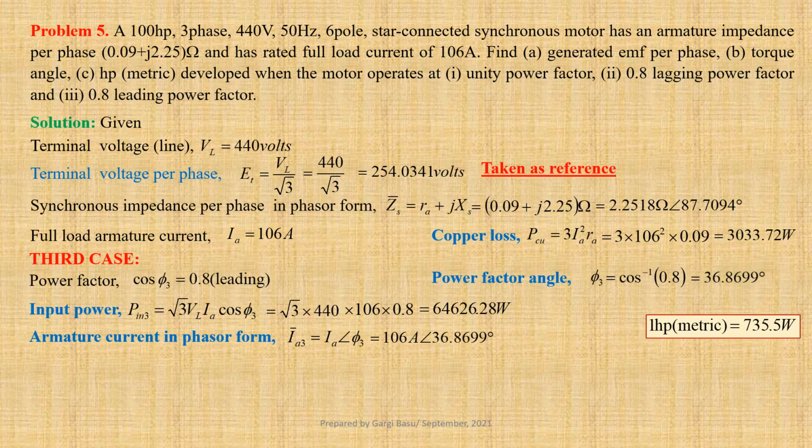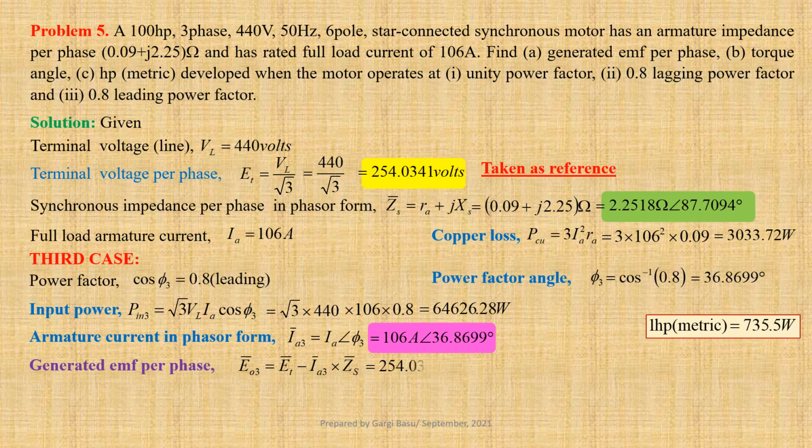Expression for generated EMF per phase E03 equals ET minus Ia3 into ZS. Using values we get 254.0341 at an angle 0 degree minus 106 at an angle 36.8699 degree into 2.2518 at an angle 87.7094 degree.